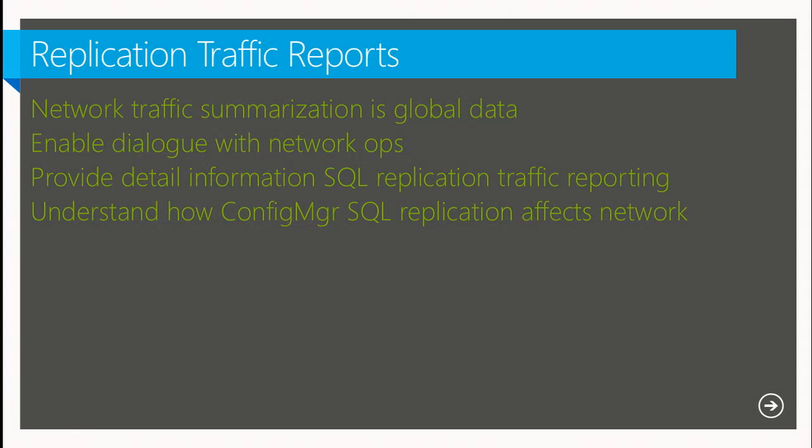We keep the data by default in the database for 90 days. We summarize the data, and we send the summary of that data as global data so it's available everywhere. And that data is tracking all the pieces of information that is replicated between your individual sites.